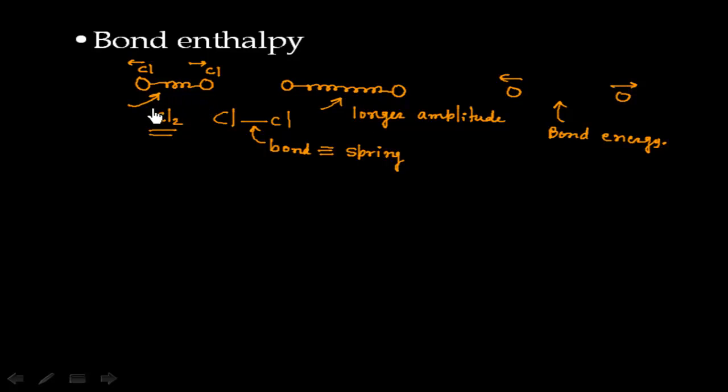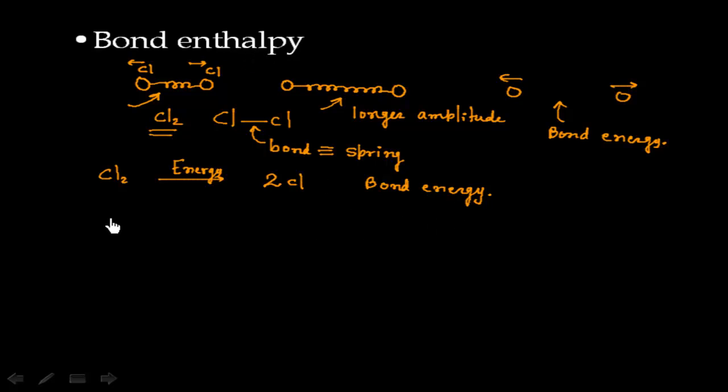So what is happening here? If I give energy to a chlorine molecule, it can be converted into chlorine atoms, and the energy I have to give is related to bond energy. Now what is bond enthalpy? This is again related to bond energy.